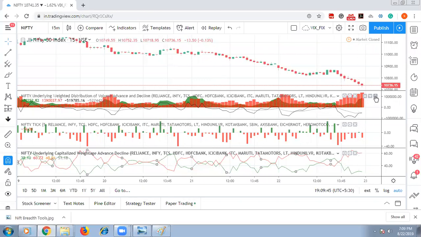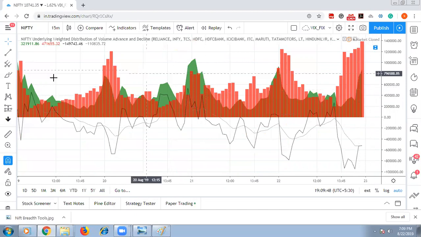Okay, I'm going to expand this one here. So now I'm going to explain it in plain language. The red bars, whatever you see, are the withdrawals from the market. The green area, what you see here, is the money injection into the market.